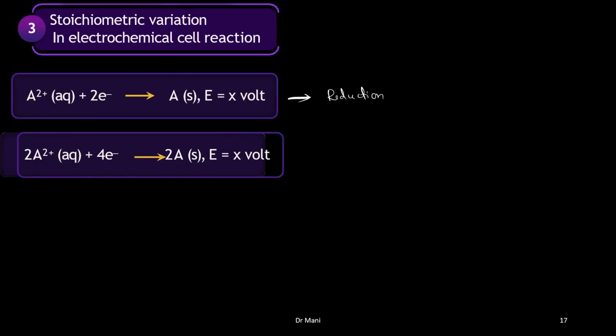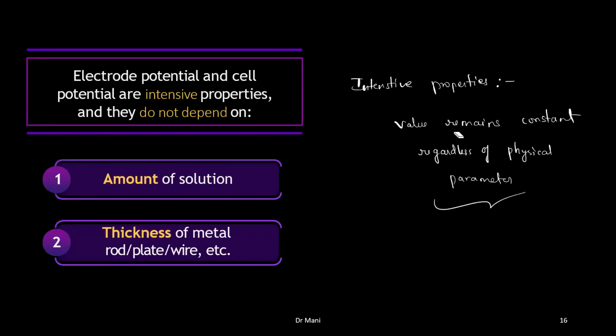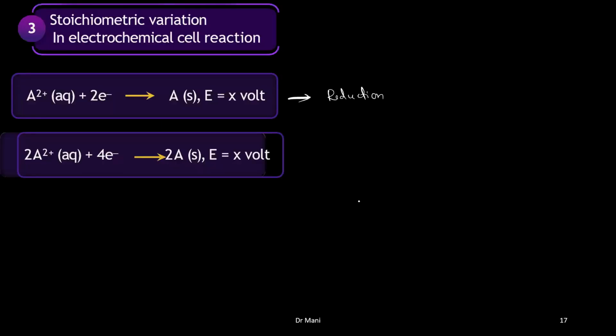Can I call this an intensive property? Even though the number of electrons transferred, the reactants and the products were doubled, the cell potential is still the same. So can I say the cell potential is intensive? What is intensive? The value remains constant regardless of change in the physical parameter. So can I say the potential is also intensive?